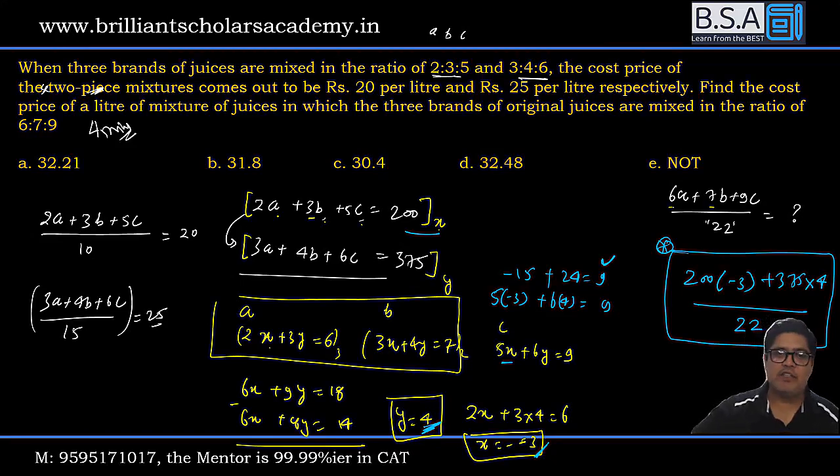Verify your calculations, verify my calculations. 15 into 25. Yes. 900 upon 22 leads to 40.90.